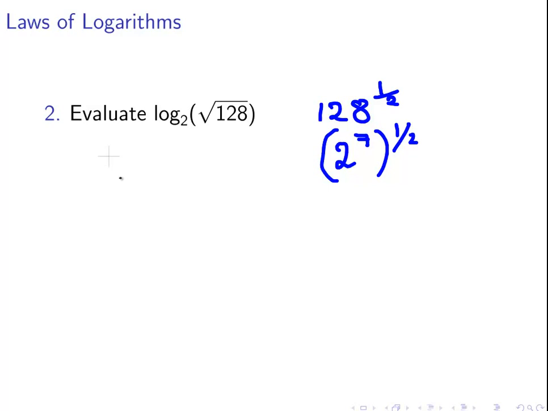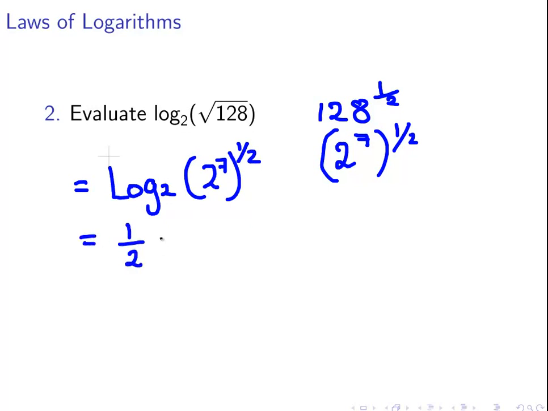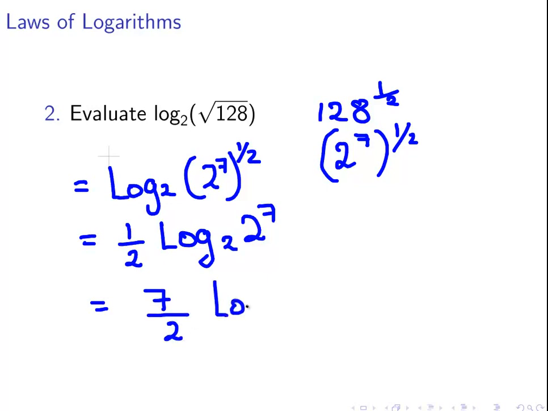So what we can do is log to the base 2 of 2 to the power of 7, and that to the power of 1/2. We can write that as 1/2 of log to the base 2 of 2 to the power of 7, and again bring that out, 7 over 2 times log to the base 2 of 2.